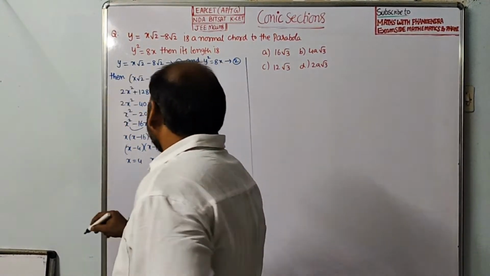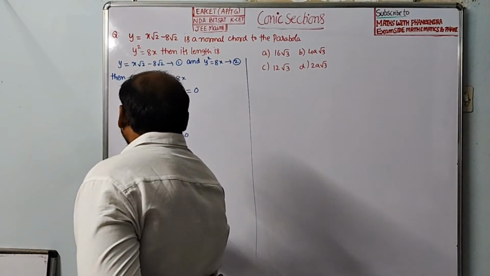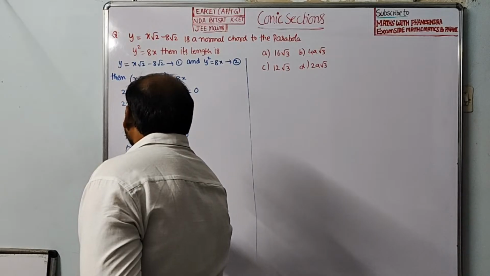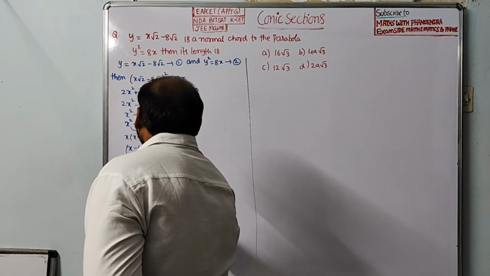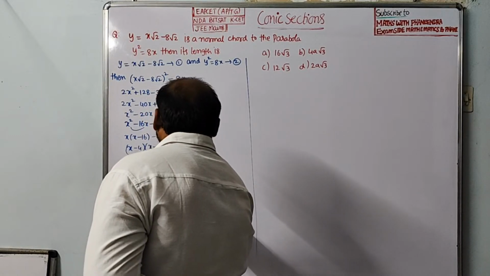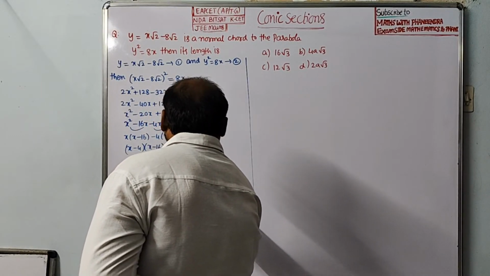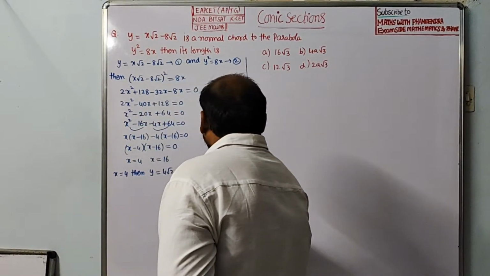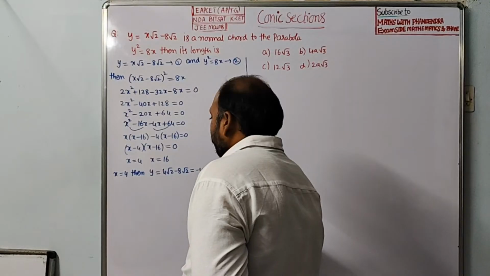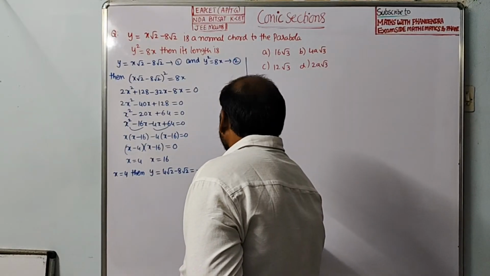Here the y value is there, no? X is equal to 4, then substitute in this: y is equal to 4 root 2 minus 8 root 2, that is equal to minus 4 root 2. So one point P equal to 4 comma minus 4 root 2.